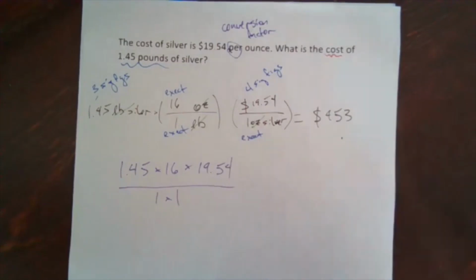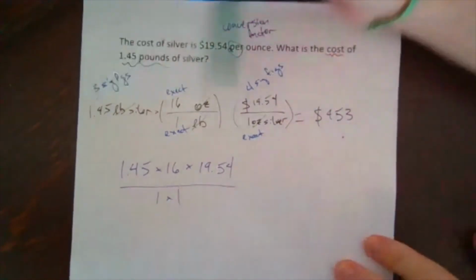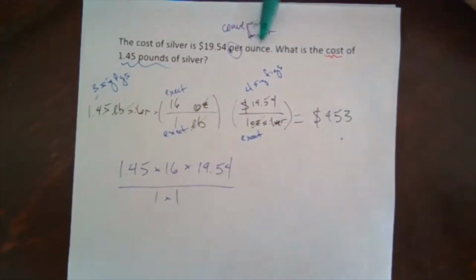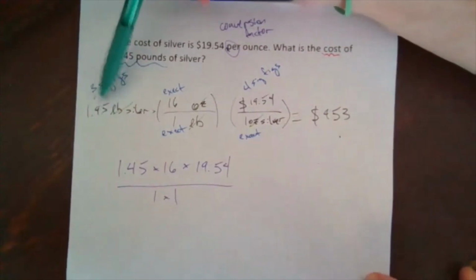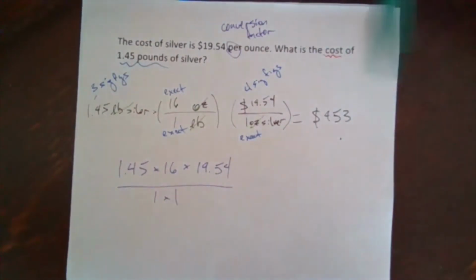Oftentimes people just round to dollars in this case, not necessarily for sig fig reasons, but that is a big motivation. We can kind of understand that this is really precise because it's an ounce, which is a really small mass. 1.45 pounds is much larger, and the value is much larger. So you don't necessarily have as much resolution out to cents.